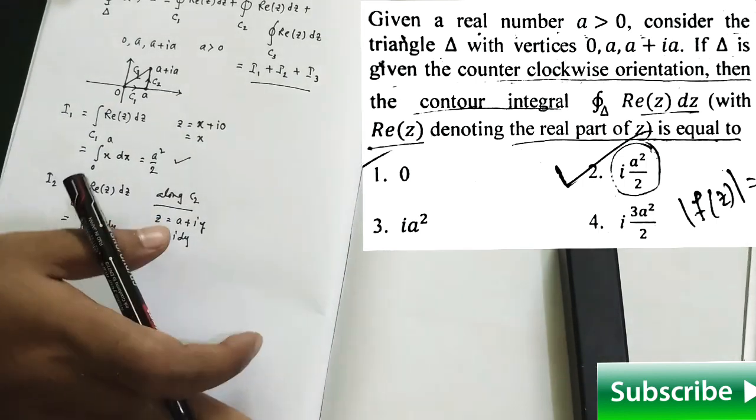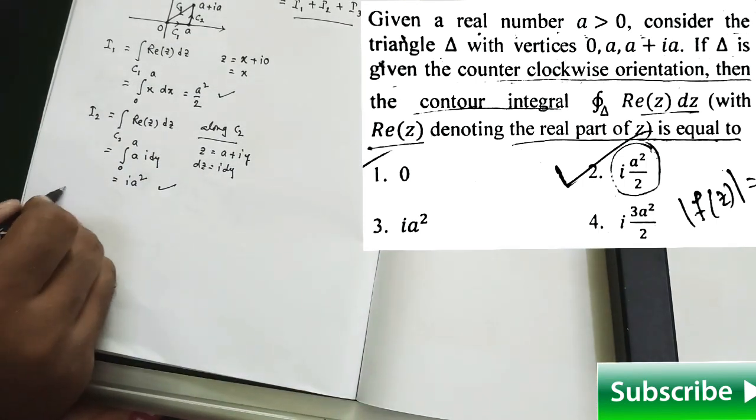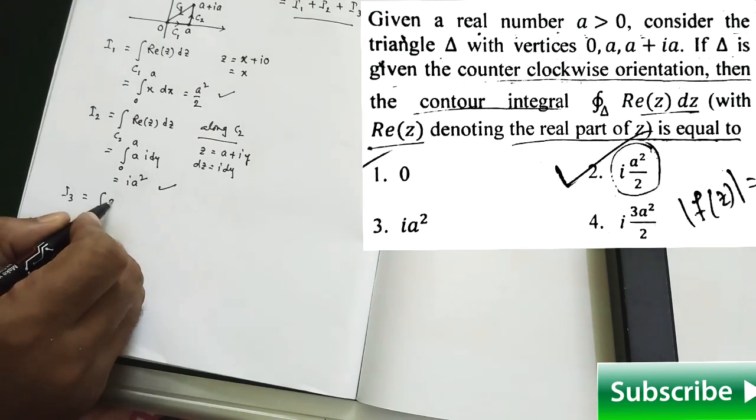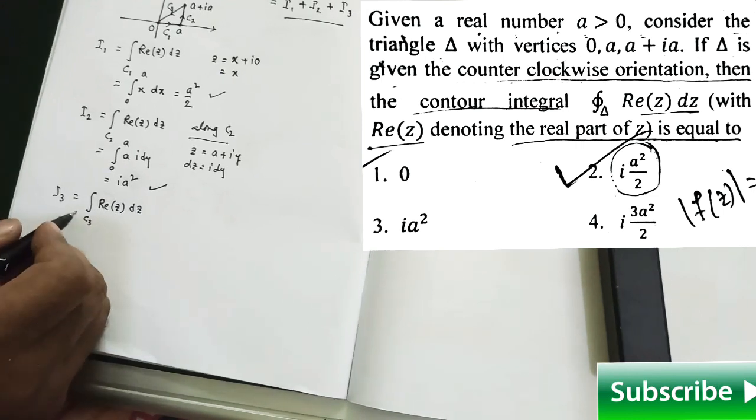Similarly, try to find the value of I3, and I3 is equal to, along C3, real of z dz.